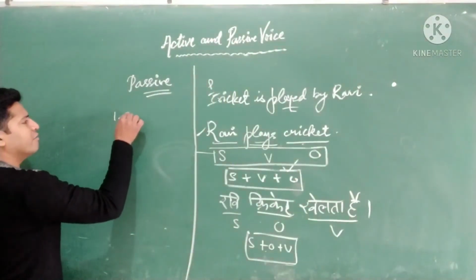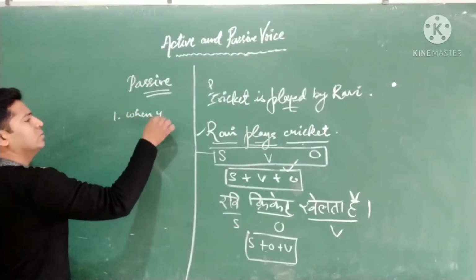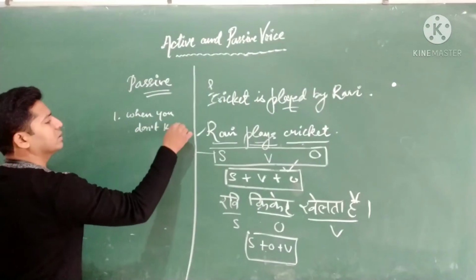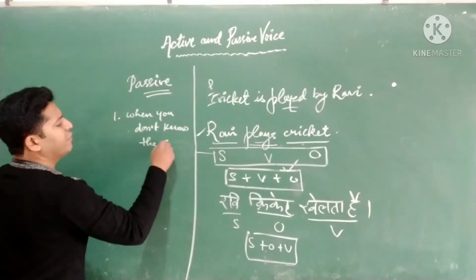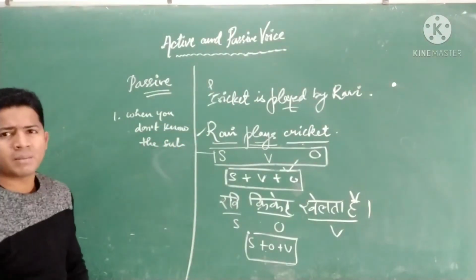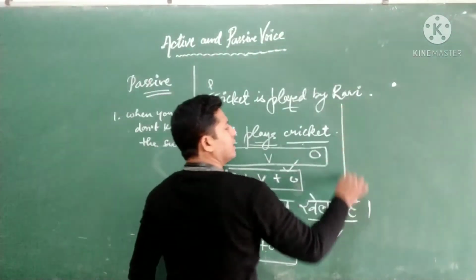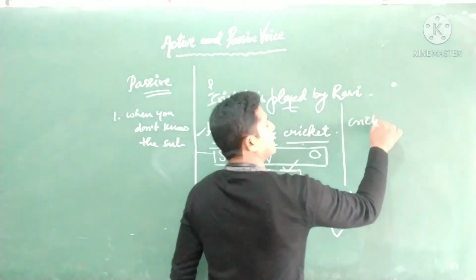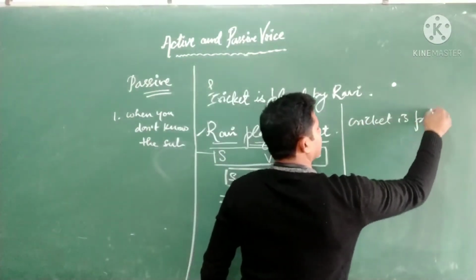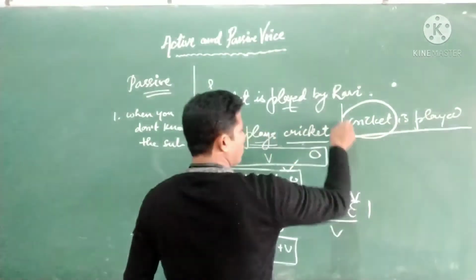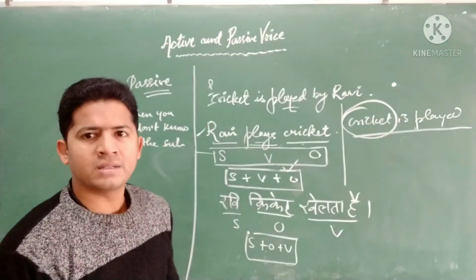Number one is when you don't know the subject. If you are not aware of the subject, suppose I say cricket is played. What is the subject here? Cricket is the object here, right?